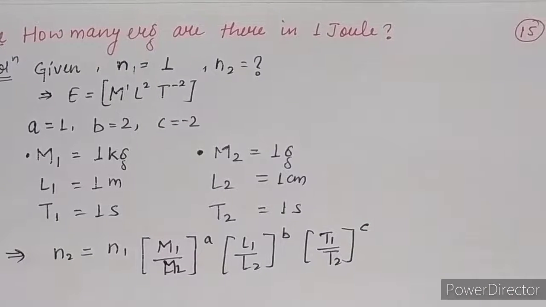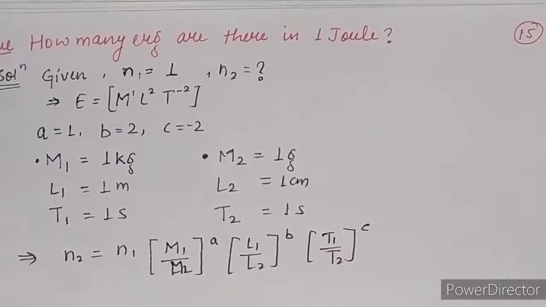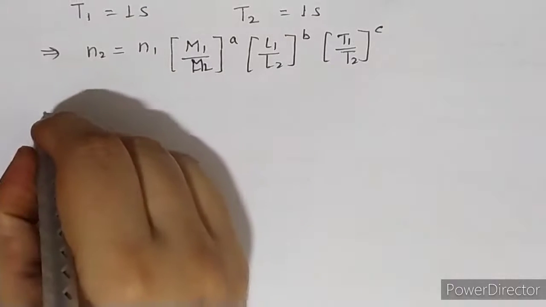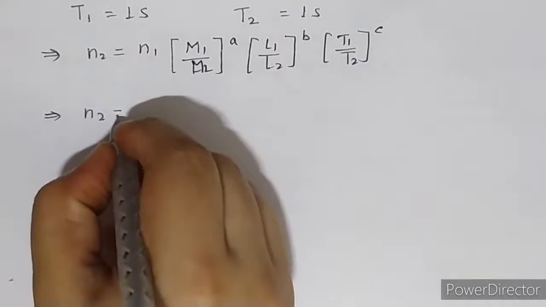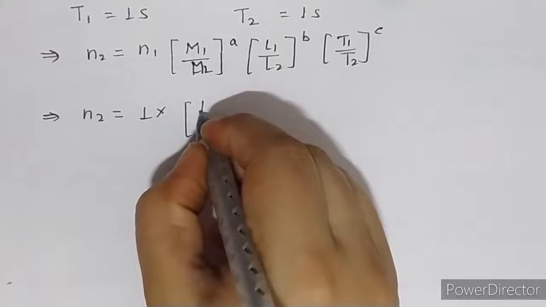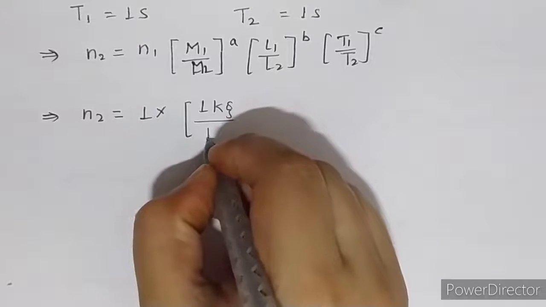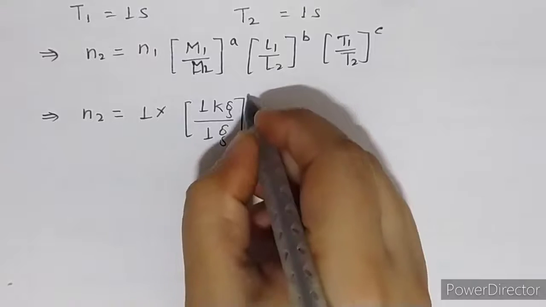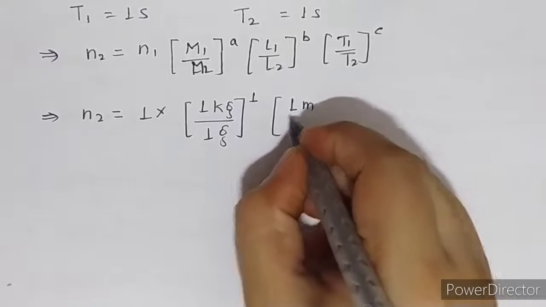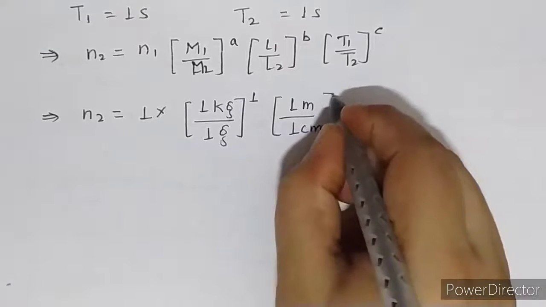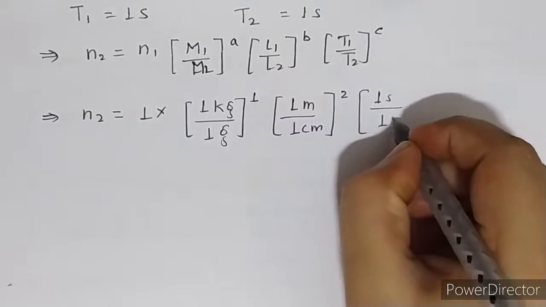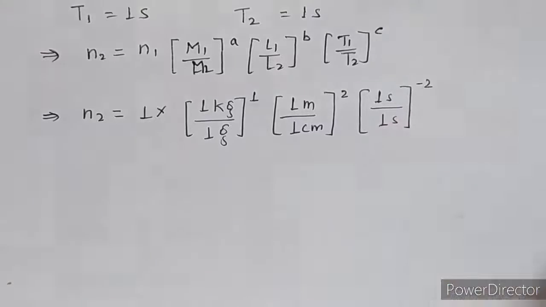Now I have to put all these values in the formula. N2 is equal to, the value of N1 is 1, M1 is 1 kilogram upon 1 gram, the value of a is 1, L1 is 1 meter, L2 is 1 centimeter, power is 2, T1 is 1 second, T2 is also 1 second, power is minus 2.